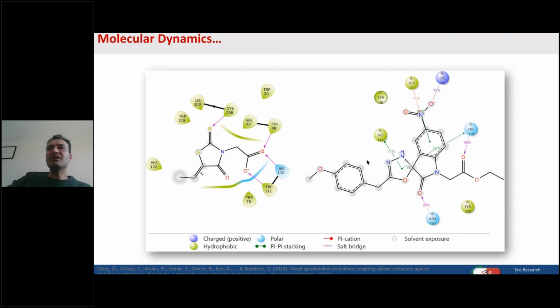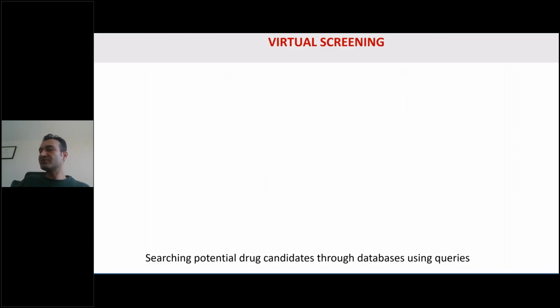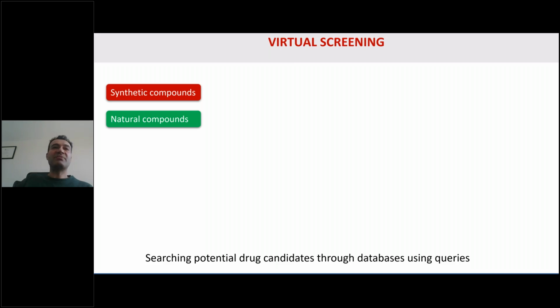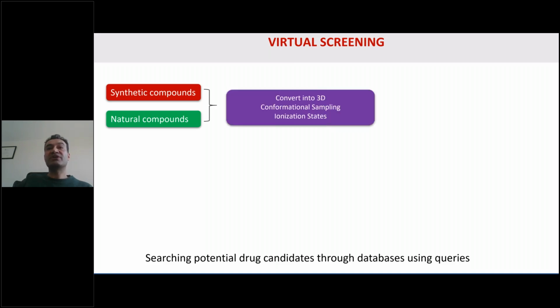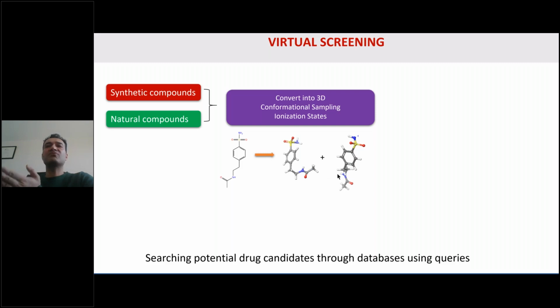Okay, so let's start with virtual screening. It is simply searching for potential drug candidates in databases using queries. You can collect synthetic compounds and natural compounds, convert them into 3D, sample all the ligands, and try to generate all possible conformations and ionization states. For example, here is a ligand, but after the preparation step, you can end up with more than 1 or 2 conformations, sometimes more than 10 conformations.